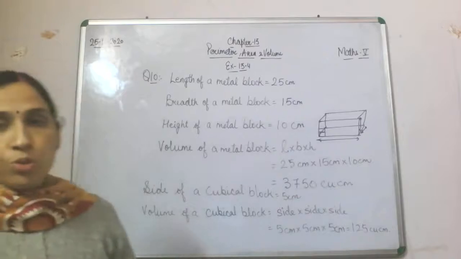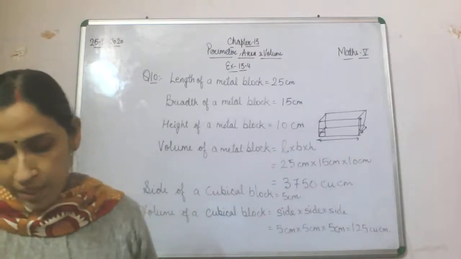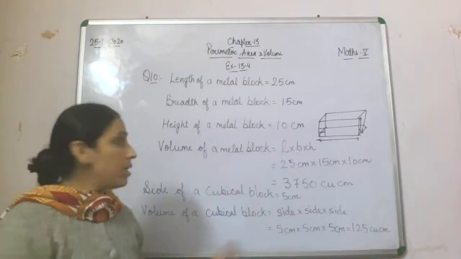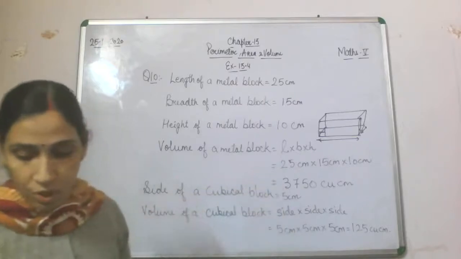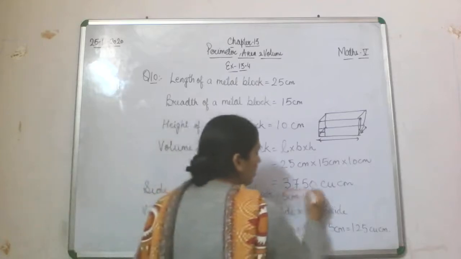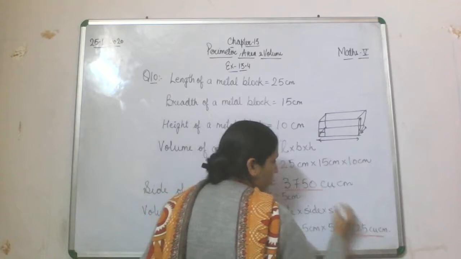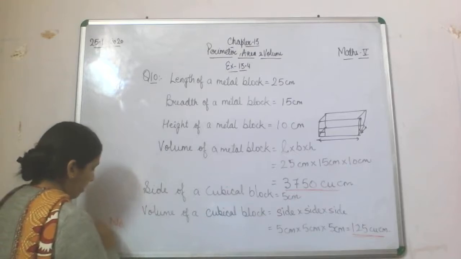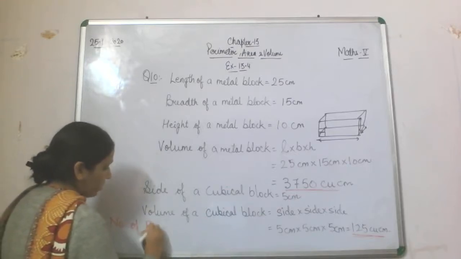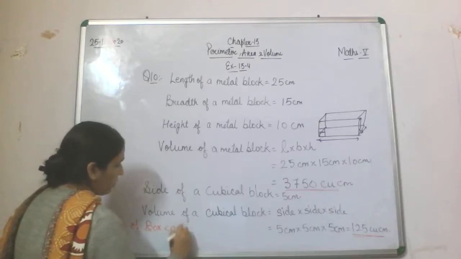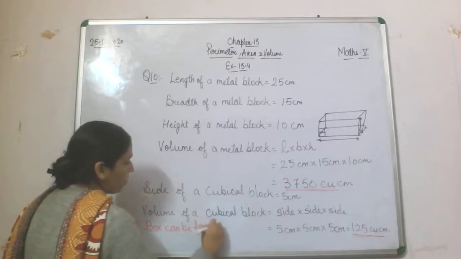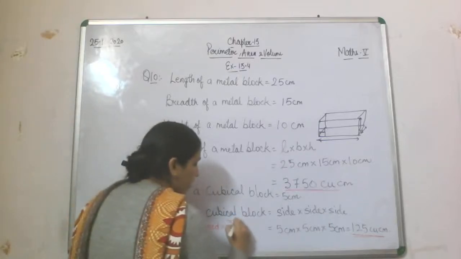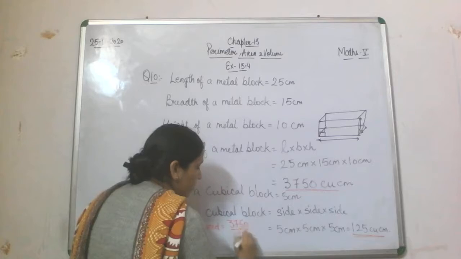Now next you are supposed to find how many cubical blocks can be formed with these dimensions. So the last part of this question: therefore, the number of boxes that can be formed is 3750 divided by 125.